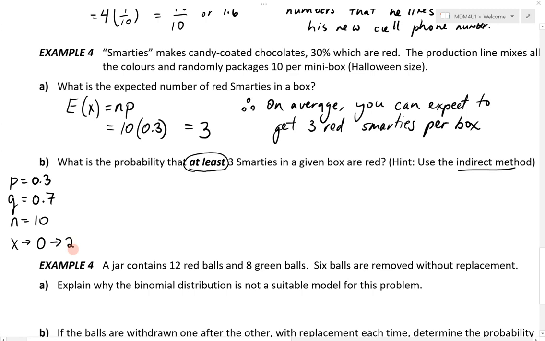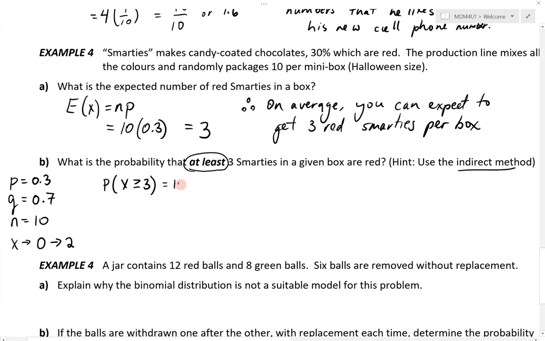Okay, so not 3 or more, because going from 3, 4, 5, 6, 7, 8, 9, 10 is a lot of probability calculations, but if you go from 0 to 2 and subtract it from 100%, we should get what we want. Okay, so the probability of getting at least 3, so x greater than or equal to 3 red Smarties is equal to the indirect method.